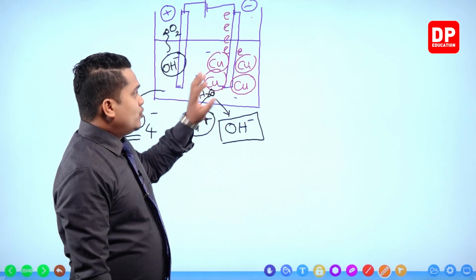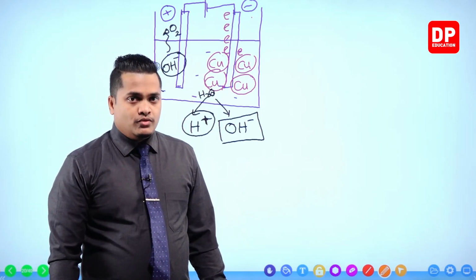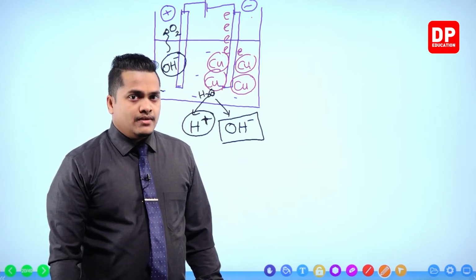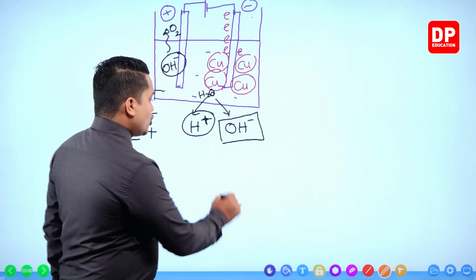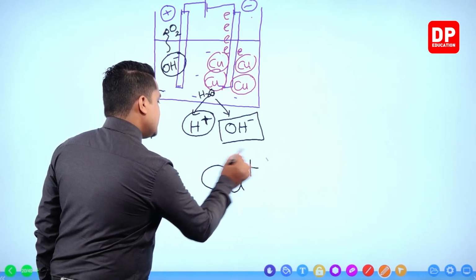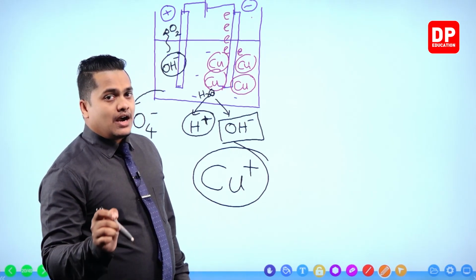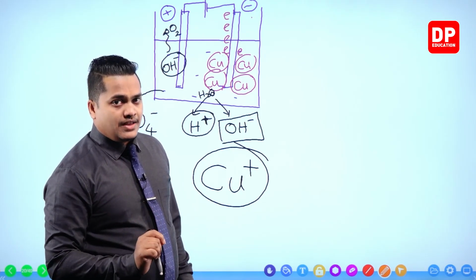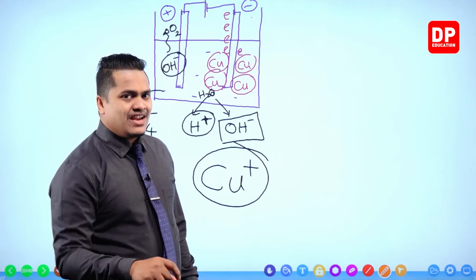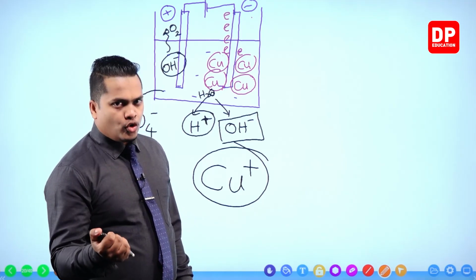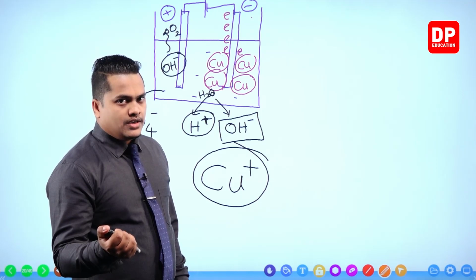So the unique blue color of the copper sulfate solution is obtained mainly because of the copper ions. So copper ions are now not available, or less available in the system, because what?